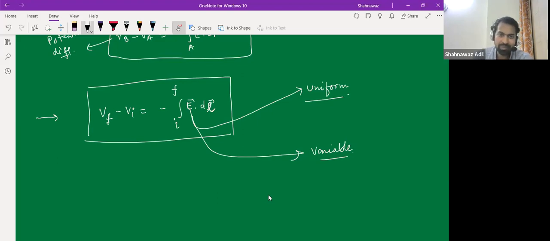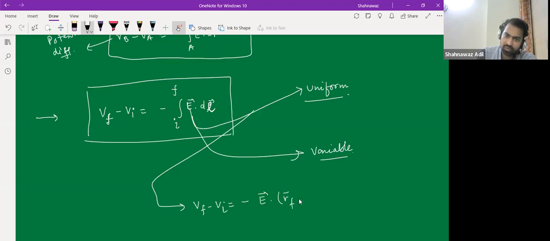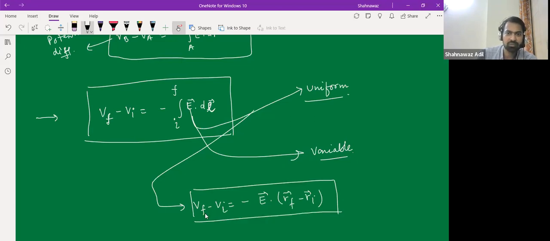So what will happen if we have a uniform electric field? What would be the potential difference? For the case of the uniform one, as we did in the work done, this would be minus E dot (R final minus R initial). This would be the potential difference. Okay, guys, understood?